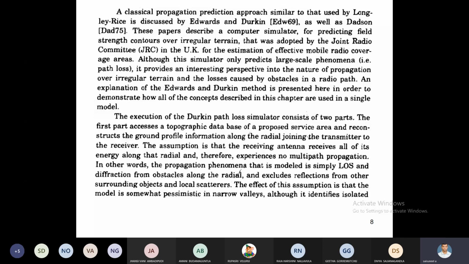The first part is to access a topographic database of a proposed service area and reconstruct the ground profile information along the radial joining the transmitter to the receiver.